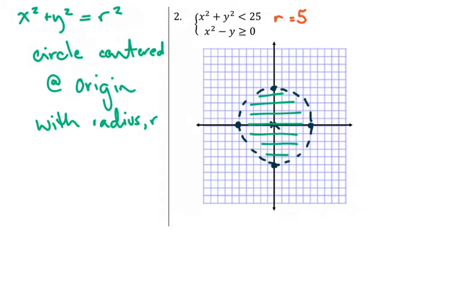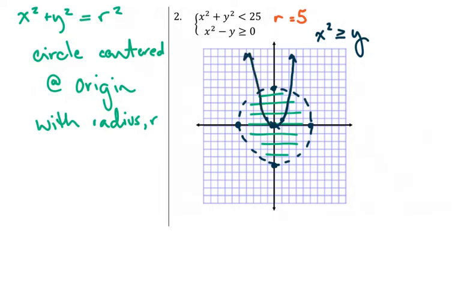Now to find where it overlaps with the other one, here we've got x squared minus y is greater than 0. I'm going to get y by itself, add it to the other side, so we get x squared is greater than or equal to y, which is a nice parabola, no transformations or anything, so it's going through the origin. Then here, like so, on both sides, nice solid line.